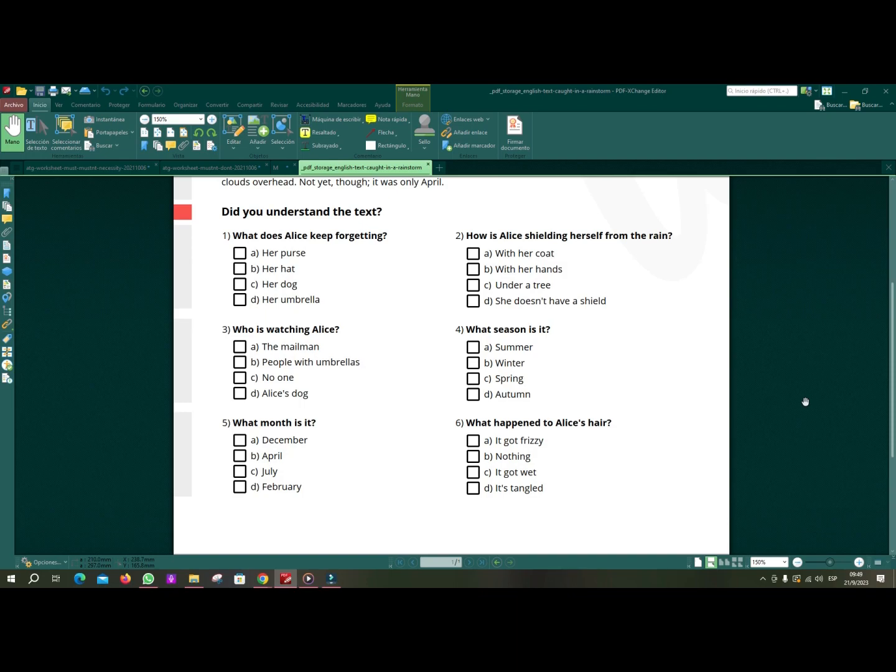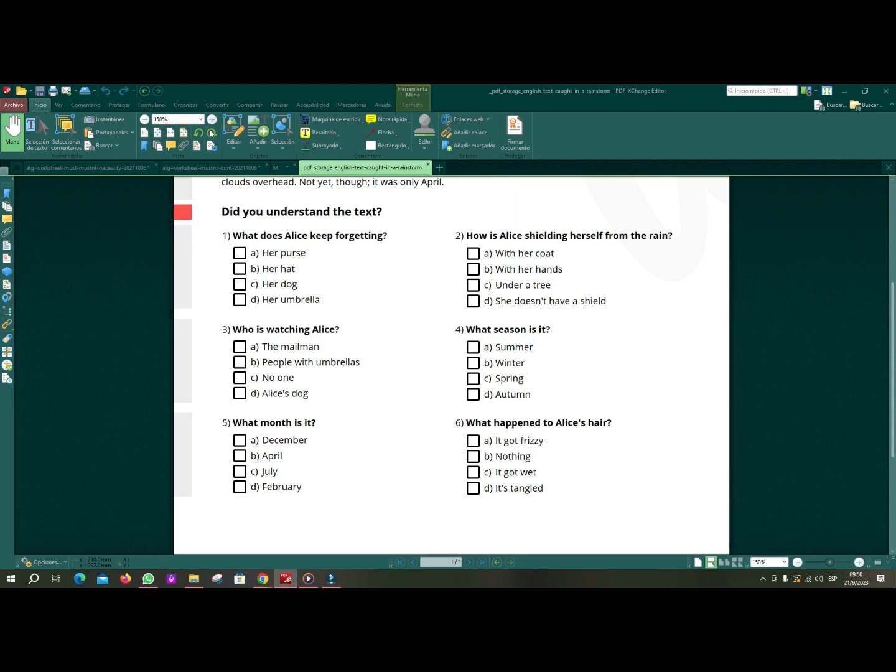Question 5. What month is it? A. December. B. April. C. July. D. February. Question 6. What happened to Alice's hair? A. It got frizzy. B. Nothing. C. It got wet. D. It's tangled.